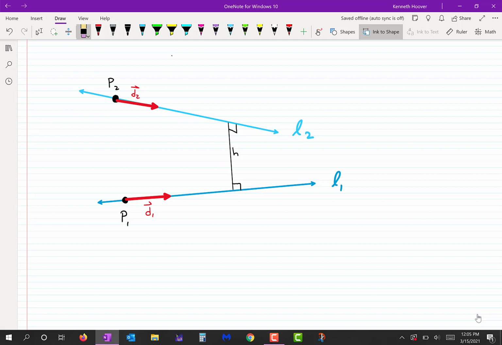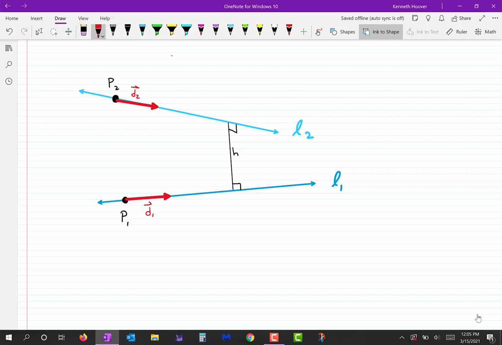Okay, so there's something we need to do. We need to find a vector that points in the direction of that black line segment that I just drew. Okay, now, so what I'm trying to say is this.